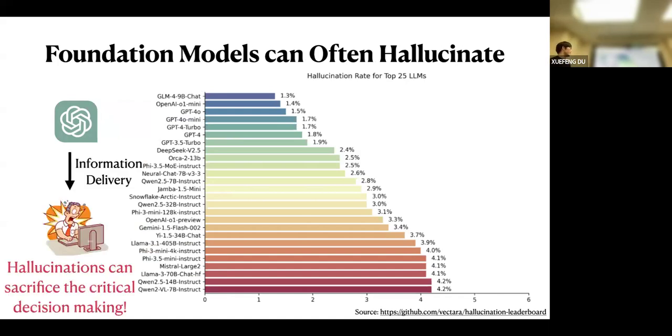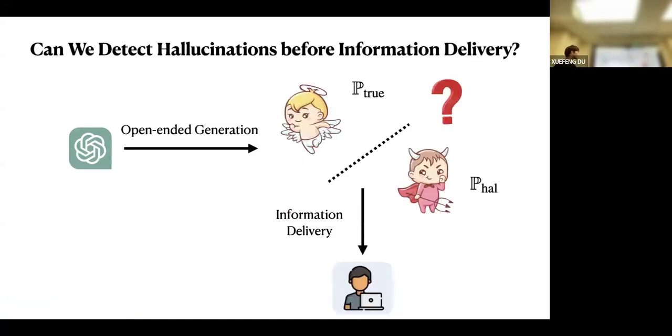If this false information is directly delivered to users, it can really compromise the critical decision-making process. So my project tries to ask the question: can we actually detect hallucinations before delivering the information to users?